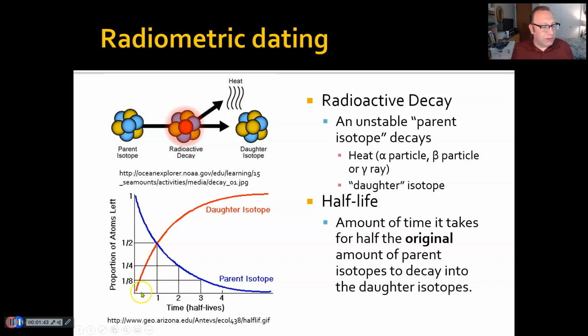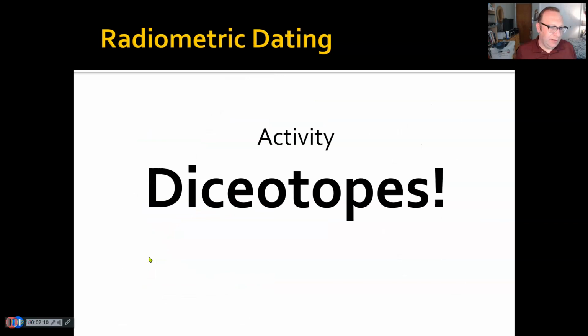Well, it will take the same amount of time for half of the remaining parent isotope to decay as well. And the same time interval again for another half to decay. So as you can see, the amount of time it takes for half to decay is a half-life. It is the same amount of time every time.